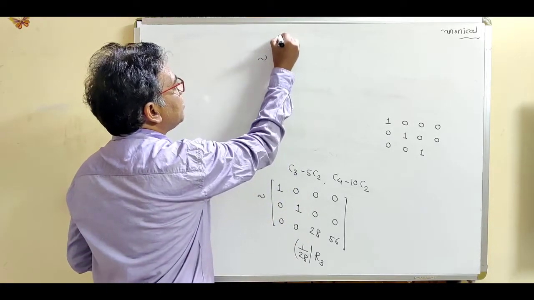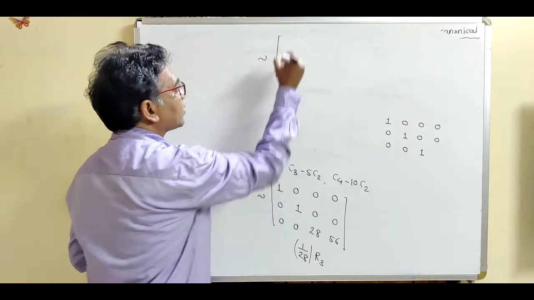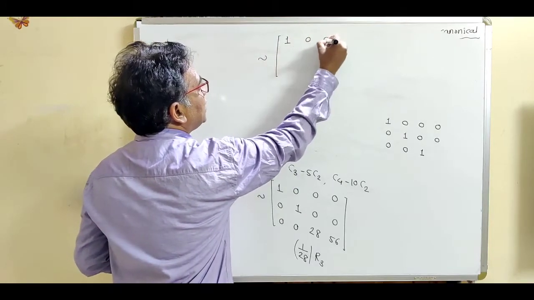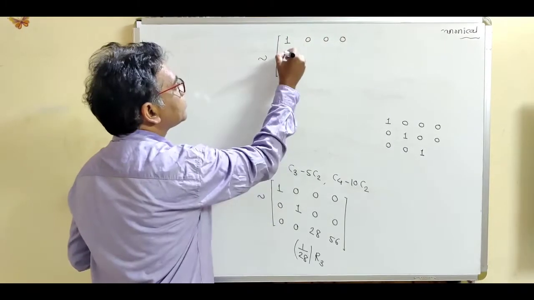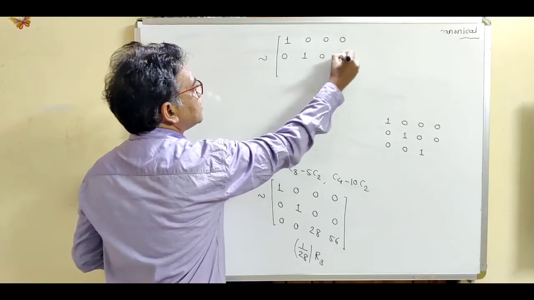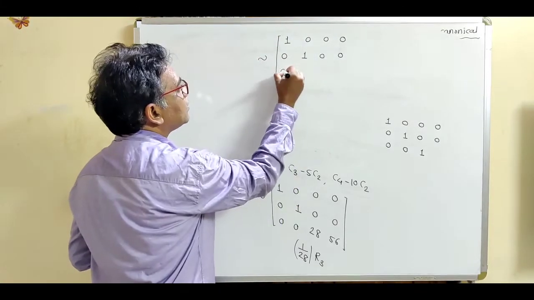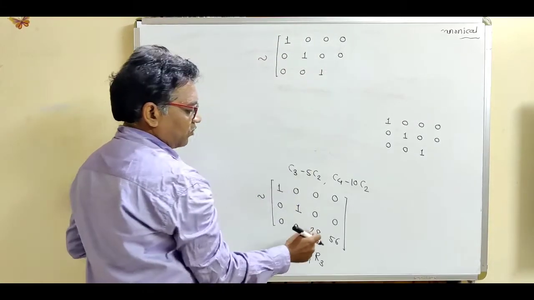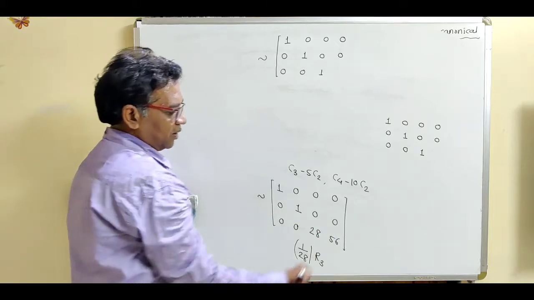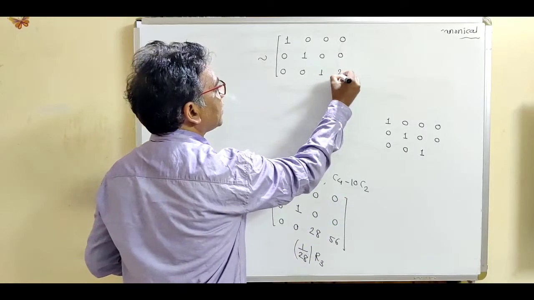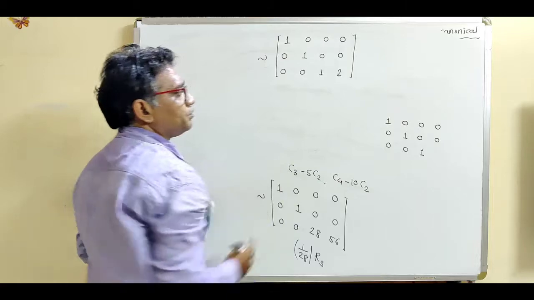So write down this equivalent matrix. So this is 1, 0, 0. 0, 1, 0. 0, 0, 1: 28 upon 28 is 1, and 56 upon 28, this is 2.